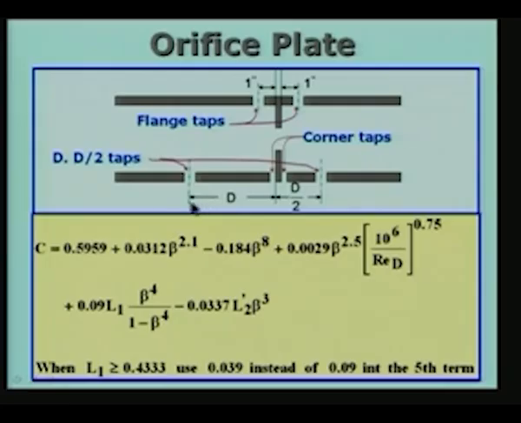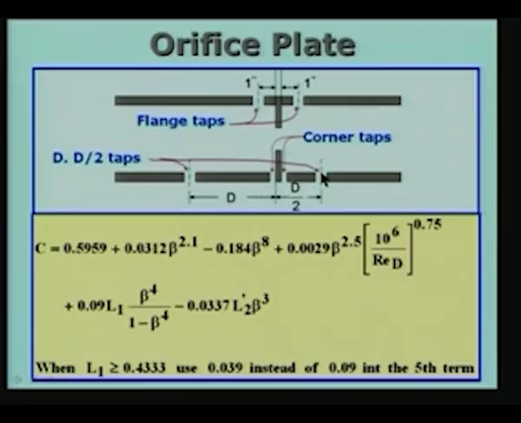The second one is referred to as the D and D/2 taps. The first tap, the upstream tap, is at a distance of D from the orifice, and the second tap is D/2 from the orifice as is shown here, D and D/2 taps. So, this is one and this is two taps.